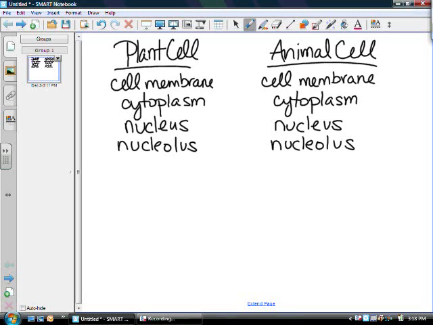Ribosomes are an organelle that are also found in both plant cells and animal cells. Ribosomes have the job of making proteins. Every protein that your body needs will be made by the ribosome. What's going to happen is the protein that you eat gets broken down by your body.